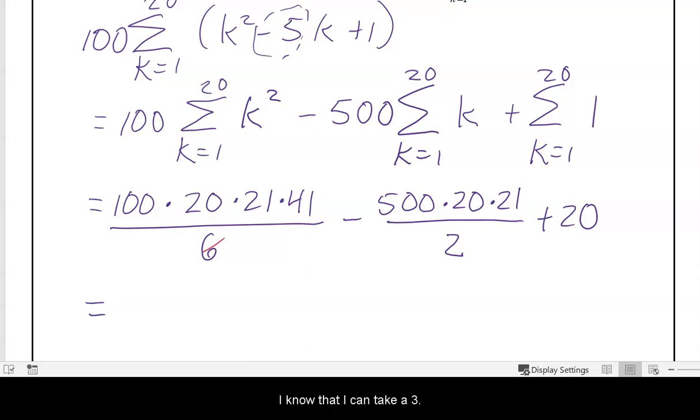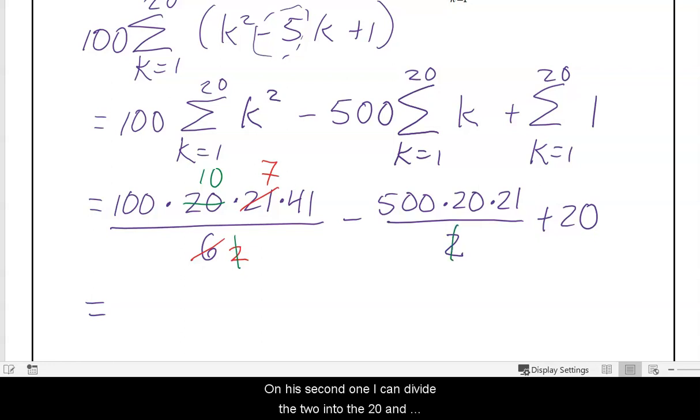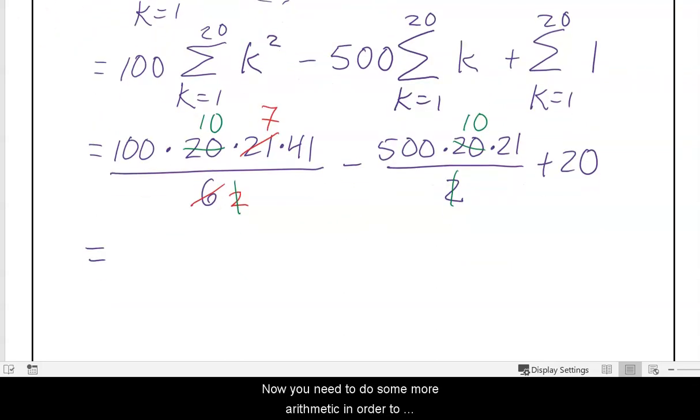I know that I can take a 3 out of the 6 and the 21, and I can also take a 2 out of the 2 and the 20, or any of the others as well. On this second one, I can divide the 2 into the 20 and leave behind a 10. Now you need to do some more arithmetic in order to figure out what your answer is.